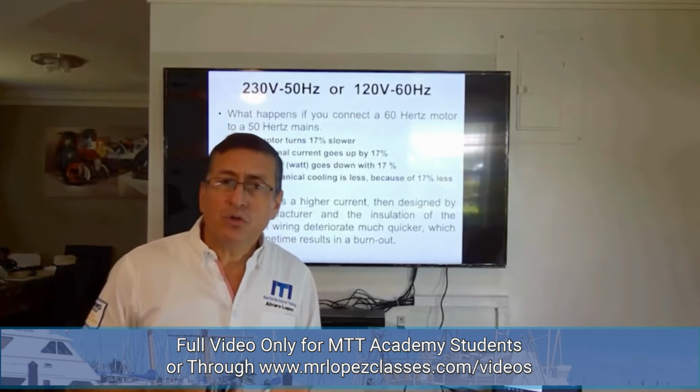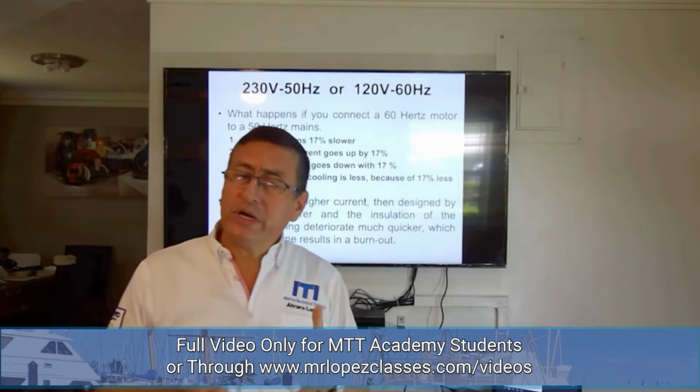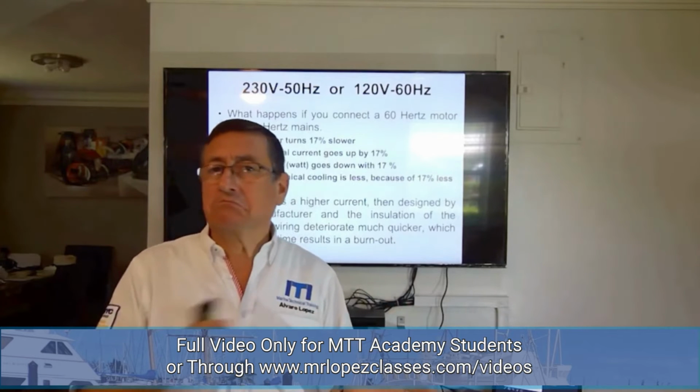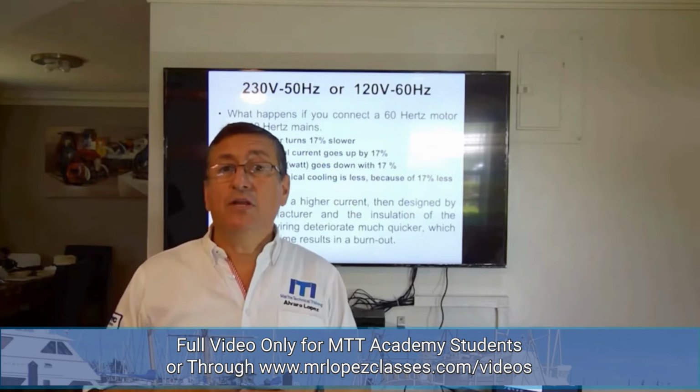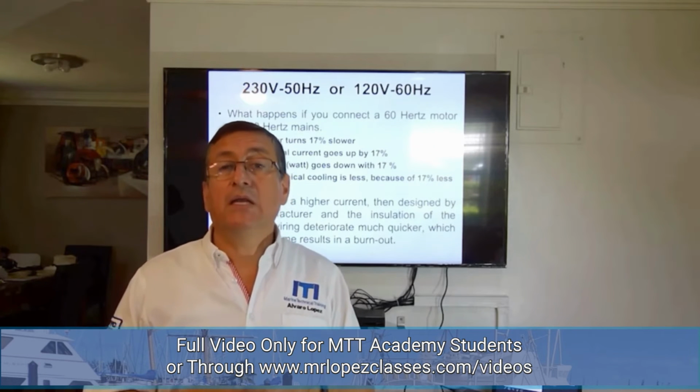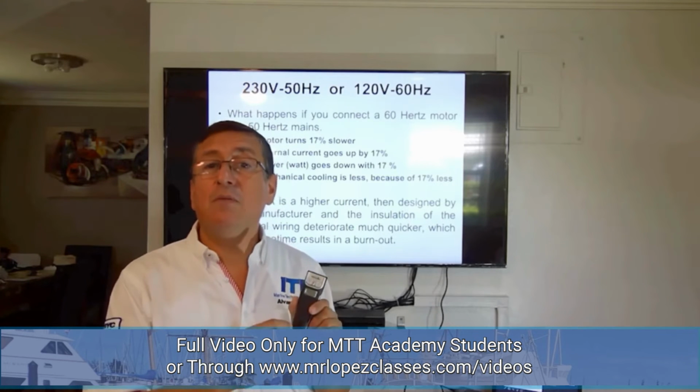There are motors that work with both currents, 50 Hz or 60 Hz, at the same time. Yes, the majority of the electrical raw water pumps for air conditioning equipment have on the label 50 Hz/60 Hz.